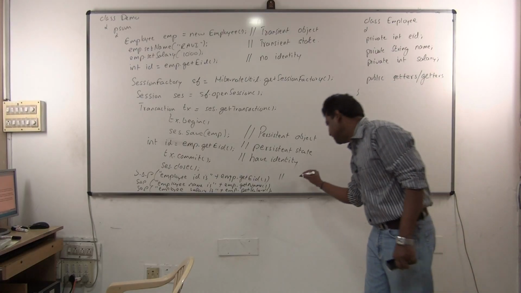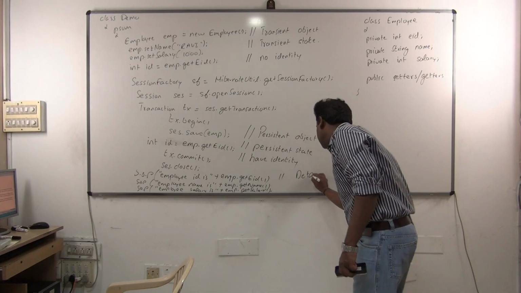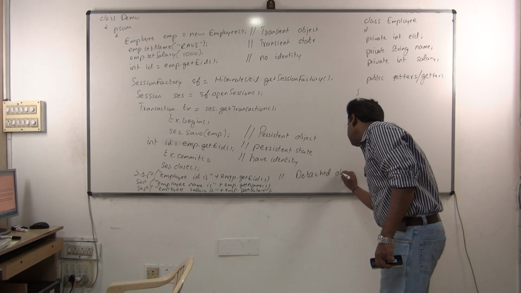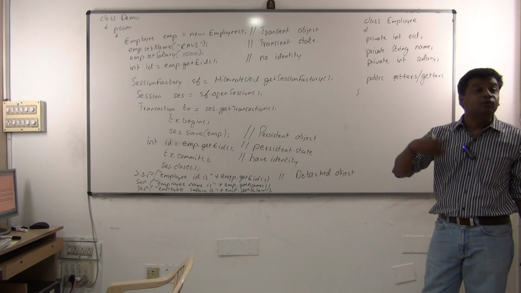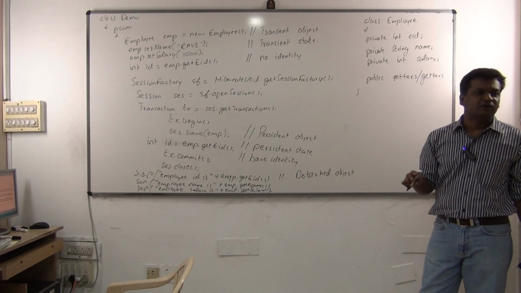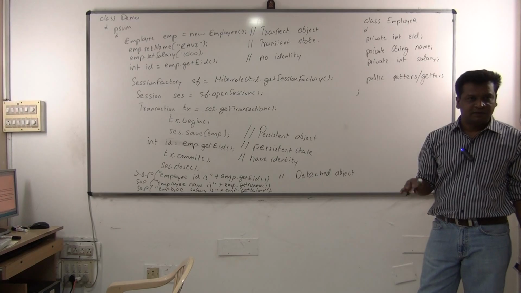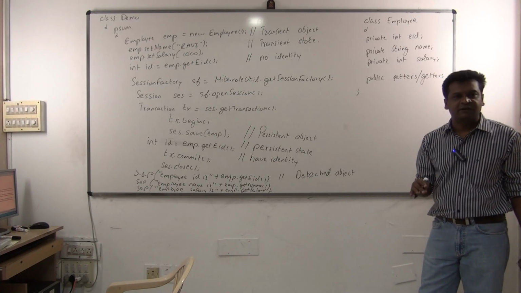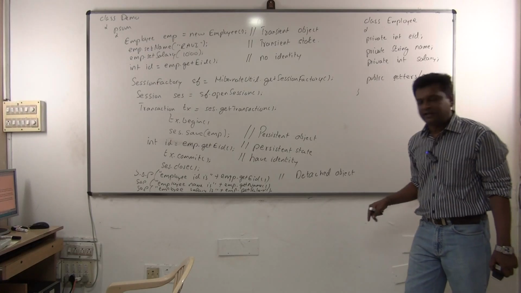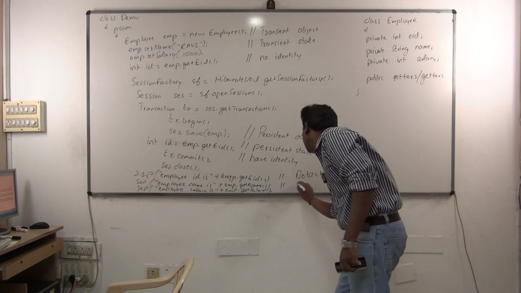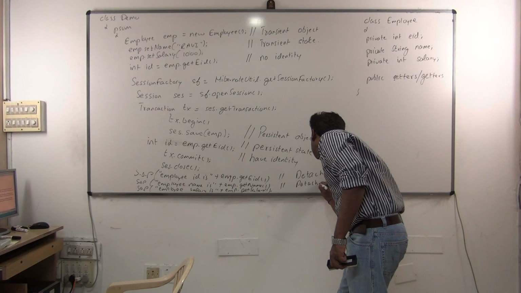Clear? So this object is called, very important now, a detached object. An object which has been removed from the Hibernate session, or detached from it, is called a detached object. And the state of this is called the detached state.